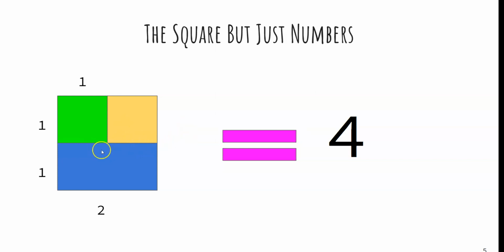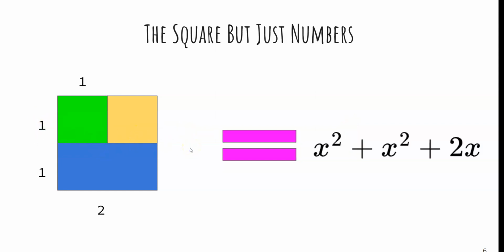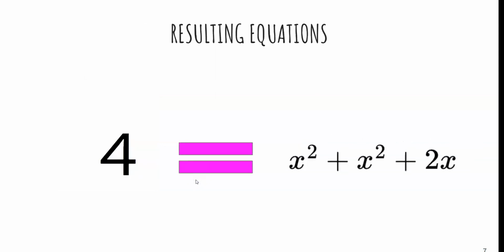And if we make x equal to 1, then this square can also be described as x squared plus 2x. And if that describes the area, then we can make an equation that says 4 equals x squared plus 2x.